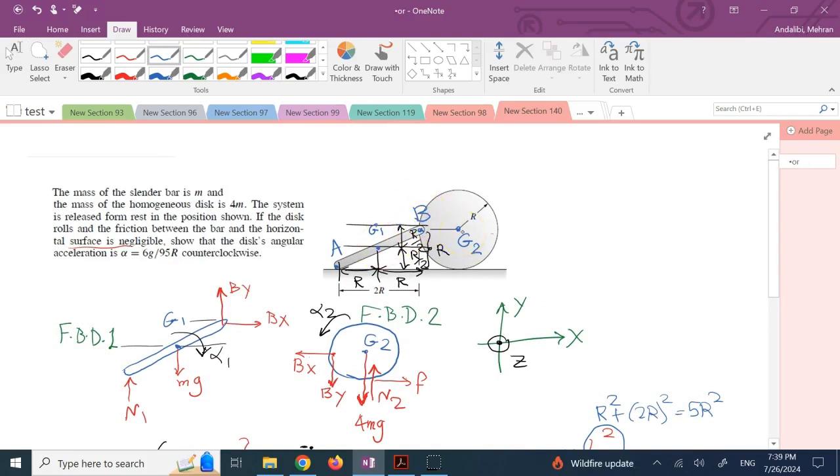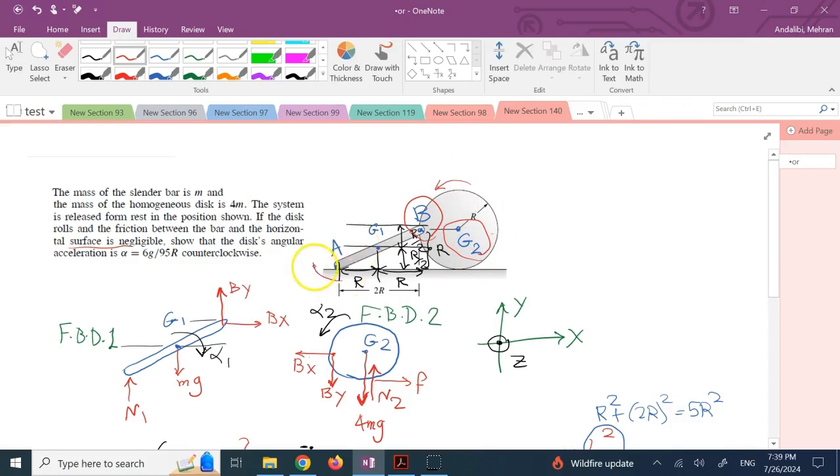Also, we can find it through G2, right? Because it's a pin point. That should give us some equations. The other constraint we have here, so one constraint is these disks are attached by a pin. The other constraint you have is this disk is rolling without slipping. That should give us some relation for acceleration of point G2.